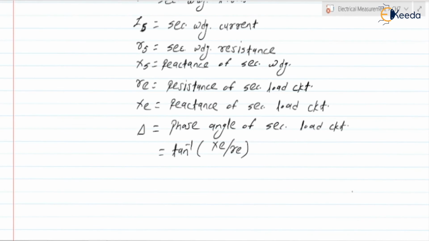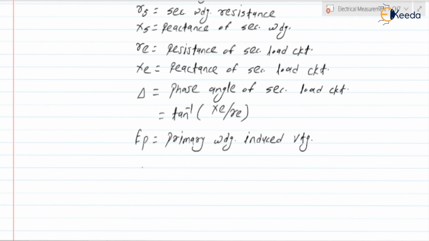Okay. Next, EP is the primary winding induced voltage. This is the EP. Next, IP, primary winding current.